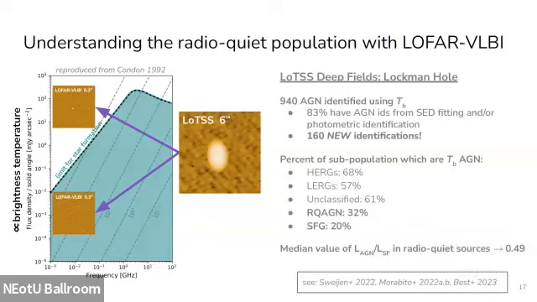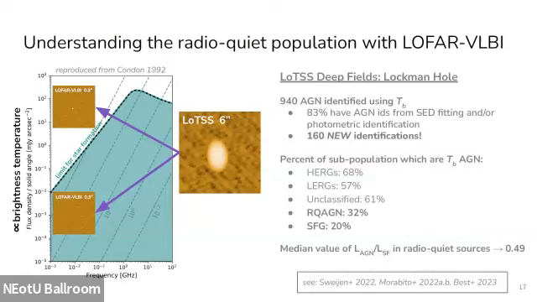So there's a very, very nice Nature Astronomy paper out last year with a 7 billion pixel image of the Lockman Hole at 0.3 arcsecond resolution, 5.5 square degrees of field of view. And with this, we identified 940 AGN using brightness temperature. That's 160 new identifications. And one of the interesting things that we're finding is that actually a significant fraction of the radio quiet AGN and star-forming galaxies have high brightness temperature cores.